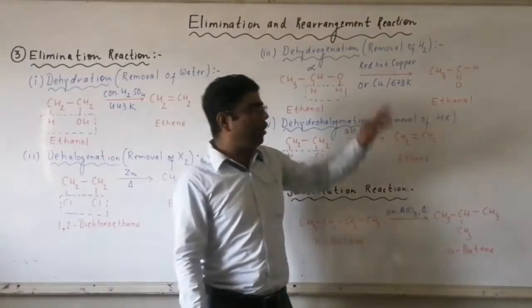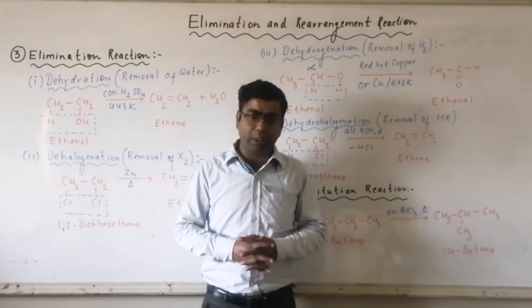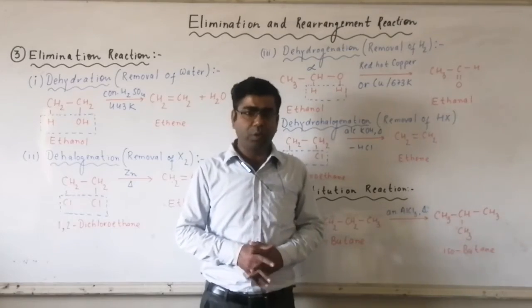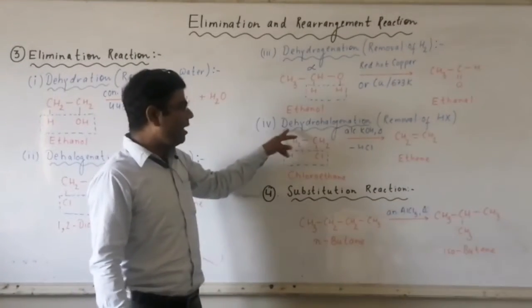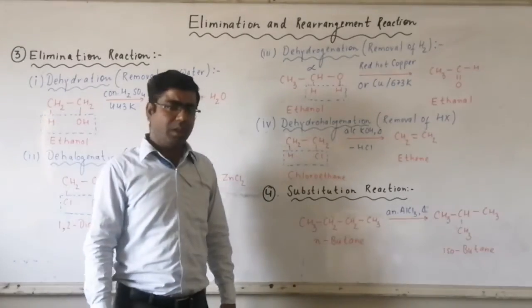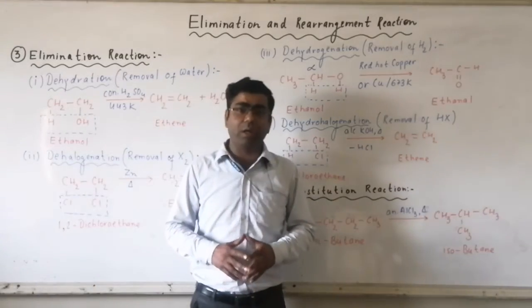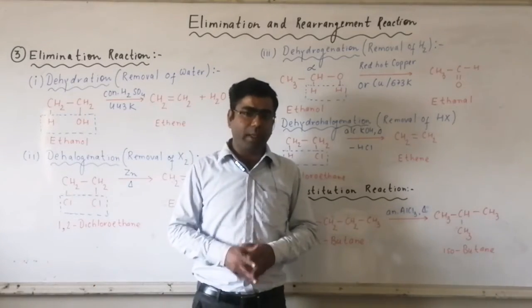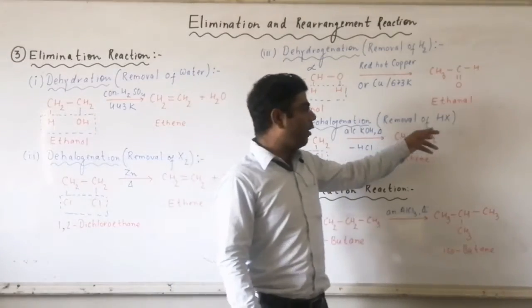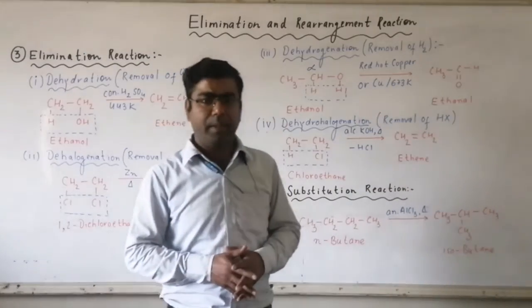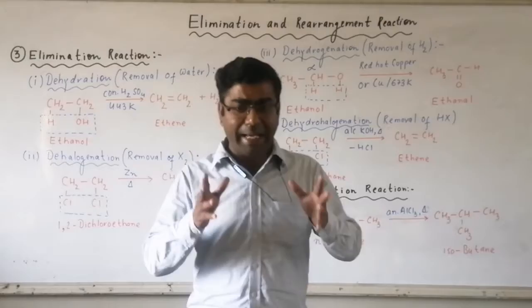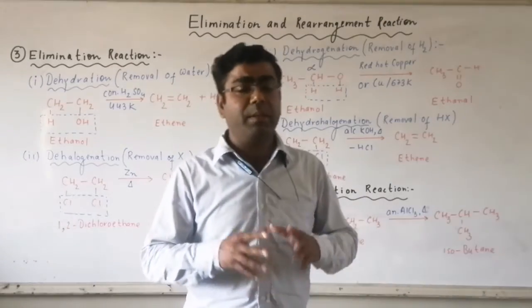It is removal of hydrogen molecule, or removal of H2. And in last, it is dehydrohalogenation. Hydro stands for hydrogen and halogenation stands for halogen atom. So here it will be removal of hydrogen halide. It can be HCl, it can be HBr, it can be HI.